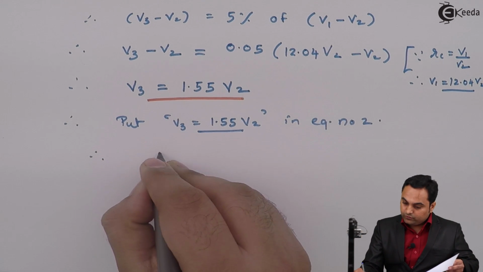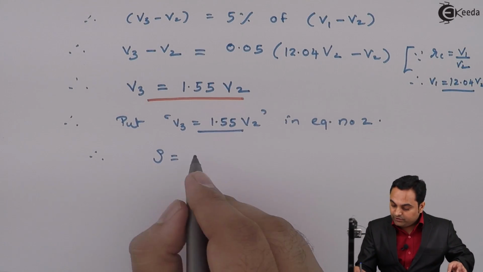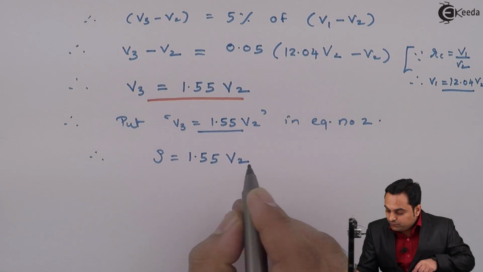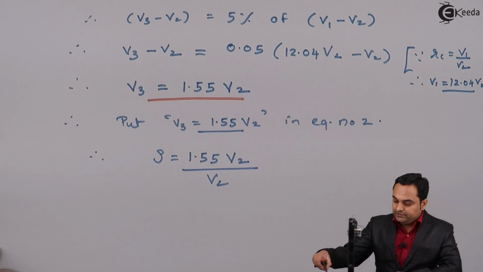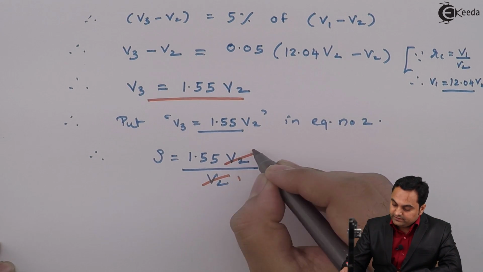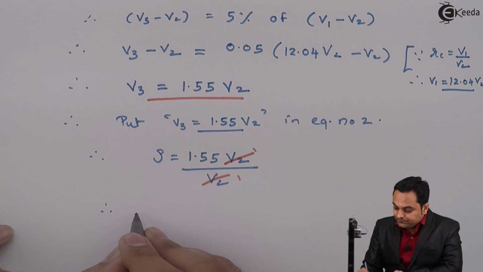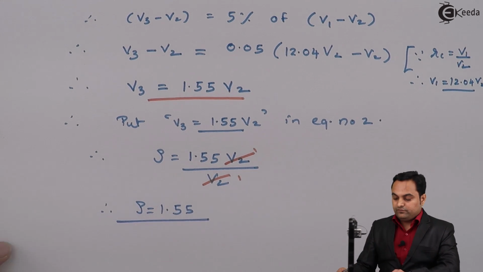So therefore rho will be equal to, now this V3 is 1.55 times of V2 divided by V2. So from numerator and denominator, V2 will get cancelled out. So therefore rho is 1.55, that is, we have found out the value of fuel cutoff ratio.